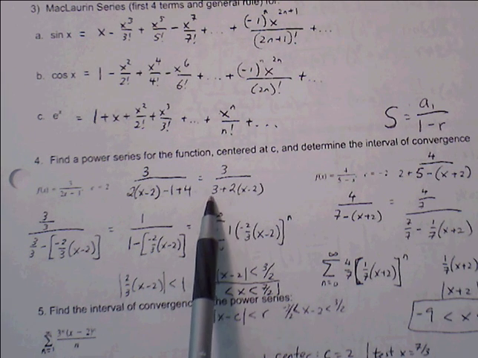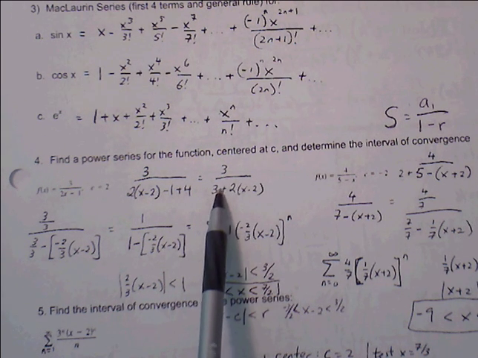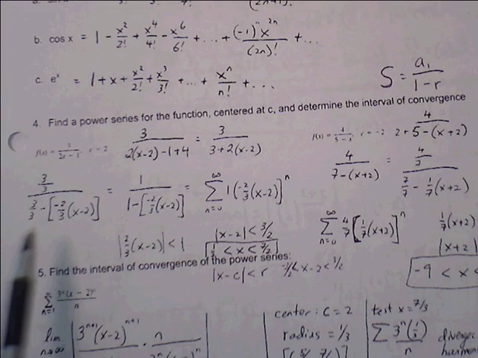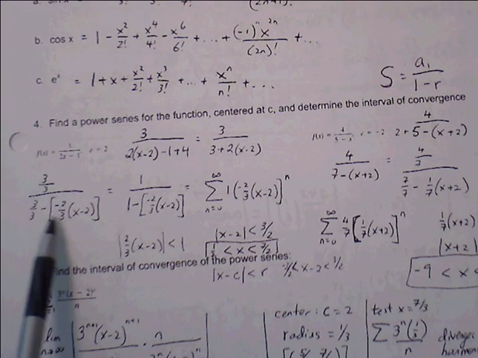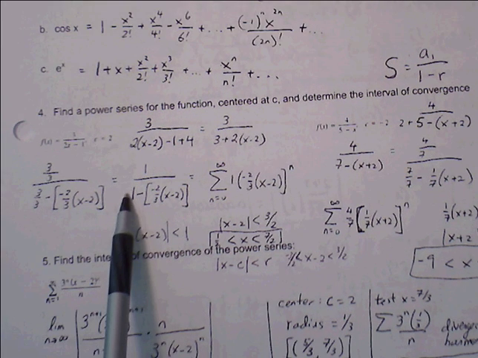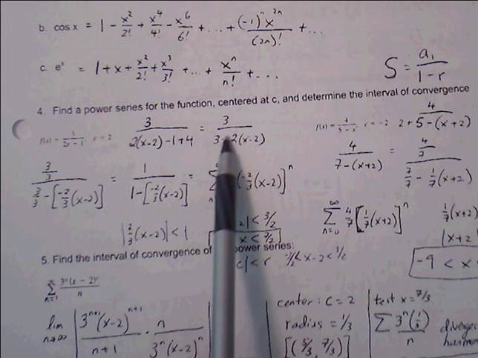If we want to force this 3 to be a 1, we can divide every term by 3, and that way we're not changing the overall expression. So divide everything by 3. If I divide everything by 3, I can cause this portion to be 1. And then I also want to turn this plus into a minus.